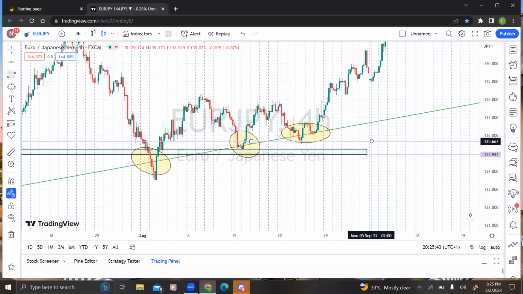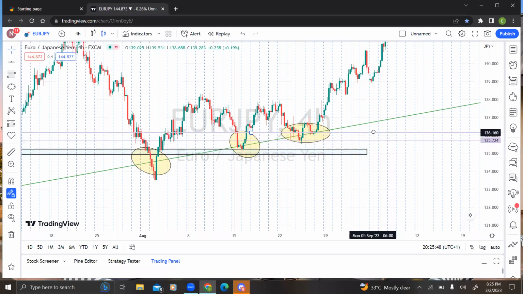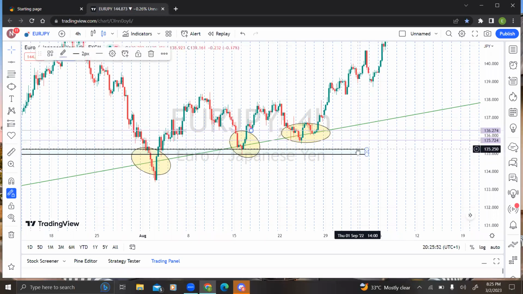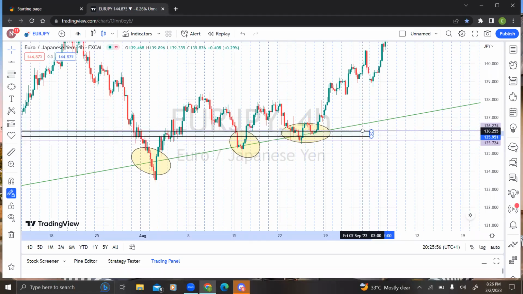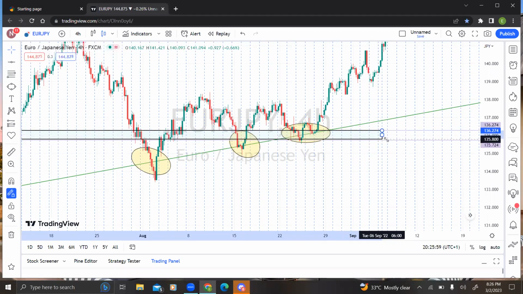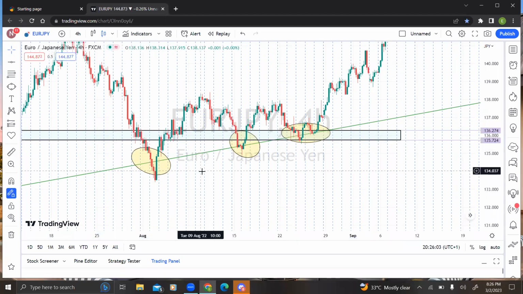Let's move this to the next one. This is also another area here. And then this is also another support area here. I'm going to move this box too. Good.